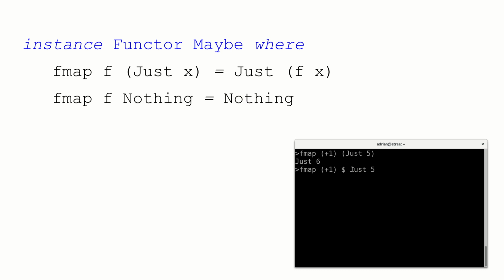The dollar is just brackets around here, that's all that means. And what that does, it says take my f value, take my x value, take my functor, take my 5, and then use my 5 as the value for my function, and then recreate my functor.